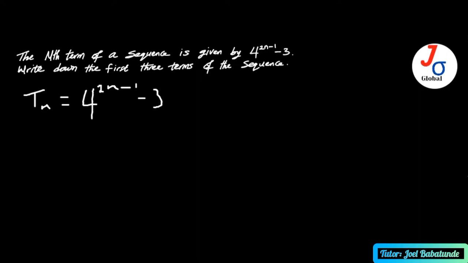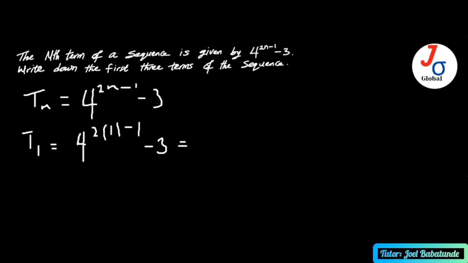So that means we have to do T1, then T2, then T3. Let's start with T1. Anywhere you see n, you have to put 1 there. So 4 raised to the power of 2 times 1, minus 1, then minus 3.